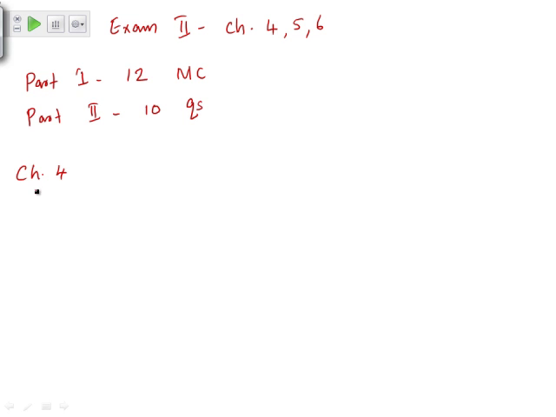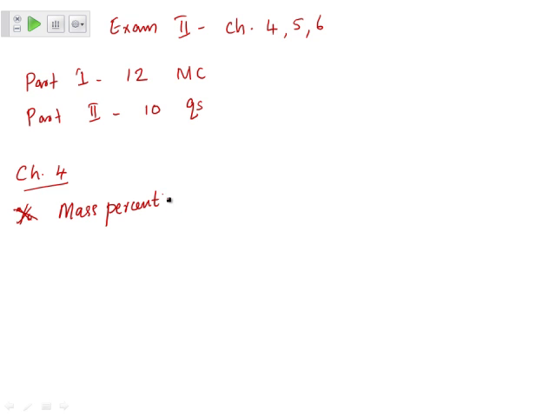So chapter 4, mass percent. If I give you the total mass of a sample and individual masses of the elements, what is the percentage of each element? How do we calculate that?